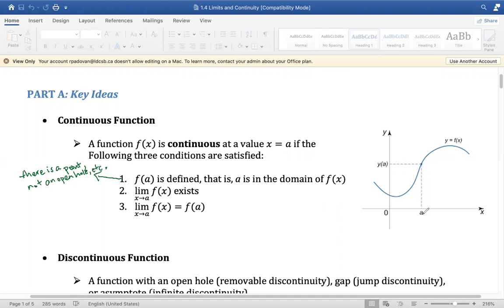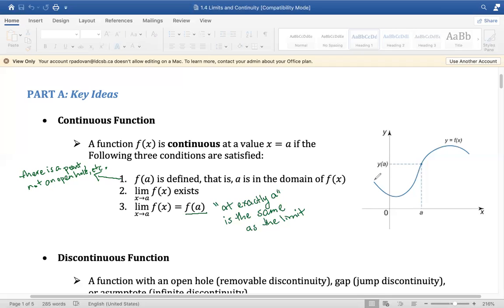If there was a number given there, I would have a number answer here. Is that equal to the limit? Let's write that down. So f of a is at exactly a, and that answer is the same as my limit answer. If all three of those things hold true, then it would be a continuous function.